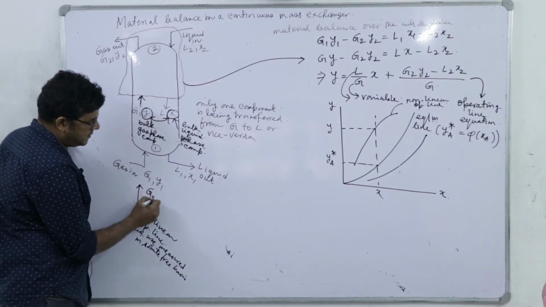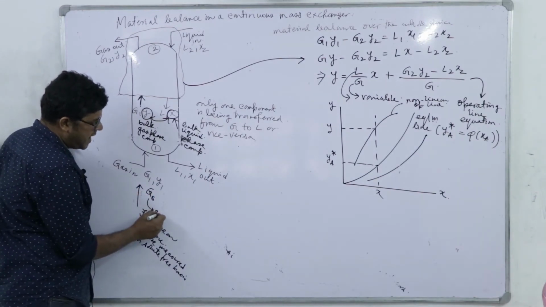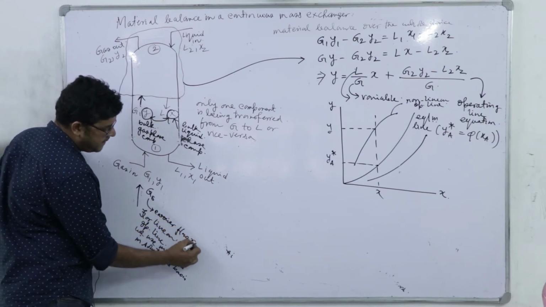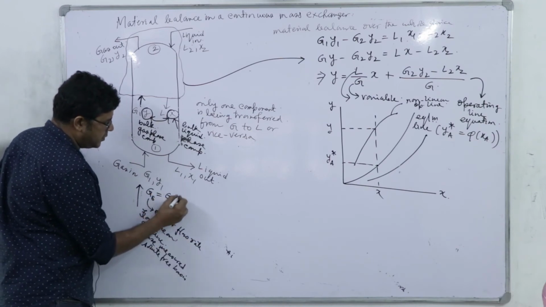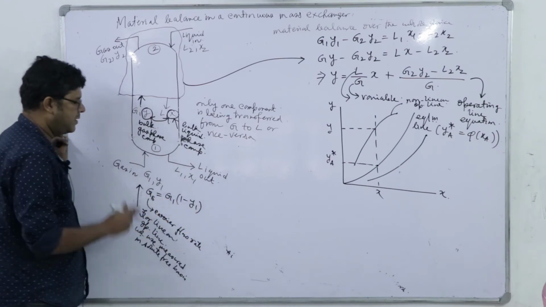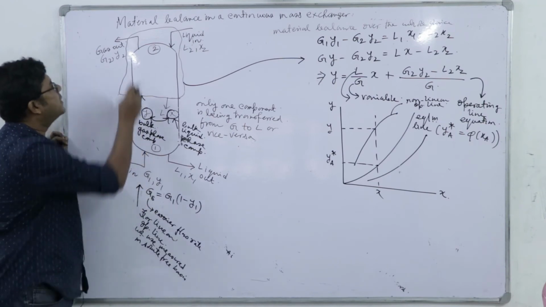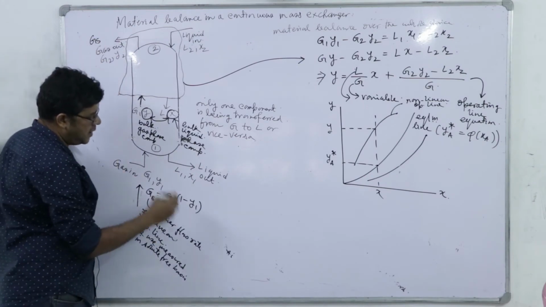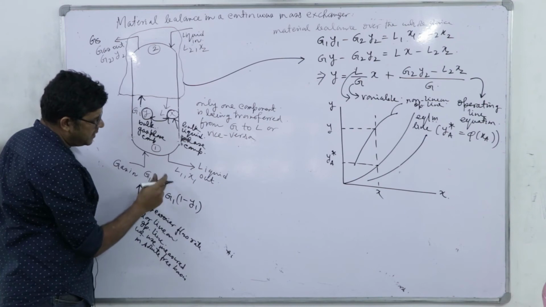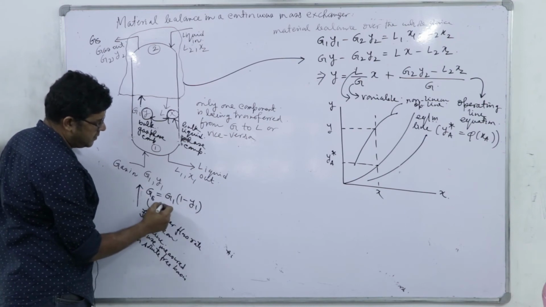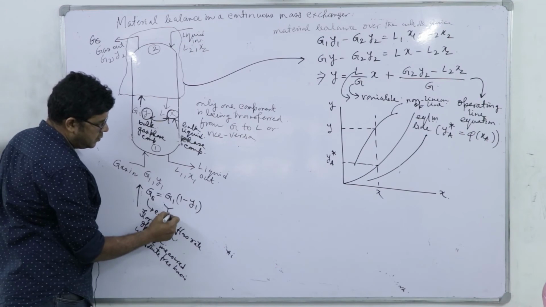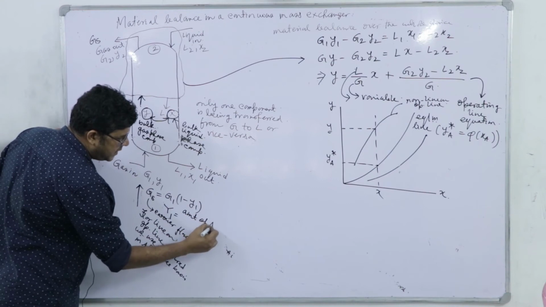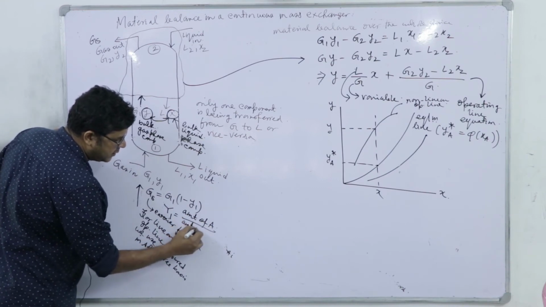So, we'll write GS here. This is the carrier flow rate in gas phase. What is it? GS will be equal to G1 into 1 minus y1. So, air flow rate from the bottom and the top will remain same. So, here also it is GS, right. And what will be the composition? How we can represent a composition? We can write capital Y1, which is the amount of A divided by amount of carrier.